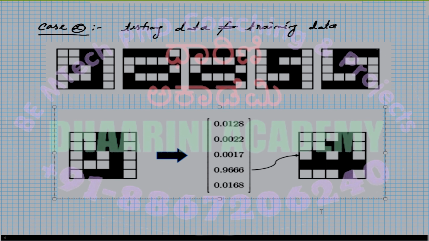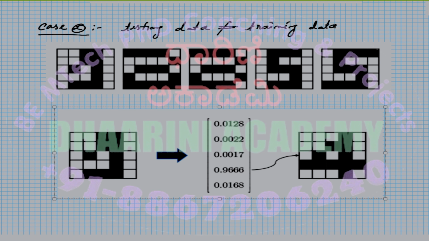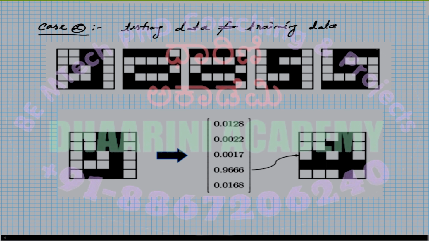It told that this is something like 4. The test data is on the left side, this is given to the machine, and the machine's answer is this. So the output is like this: 0.01, 0.002, 0.0017, 0.9666, 0. So you see that this is being classified as number 4. That was the first.